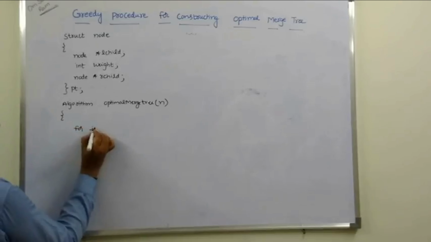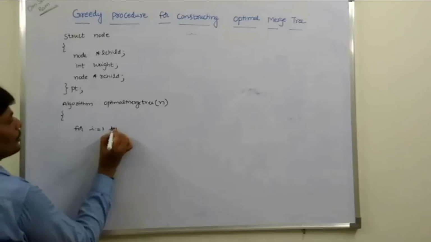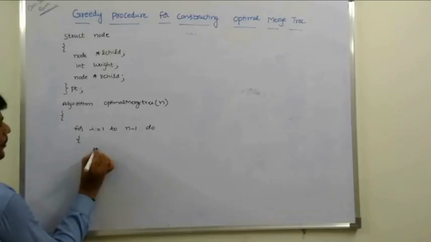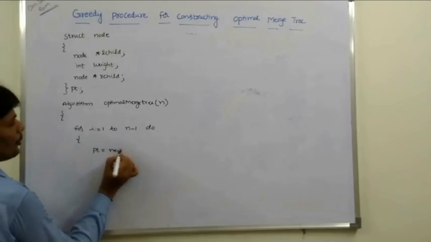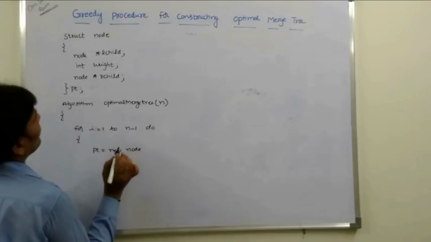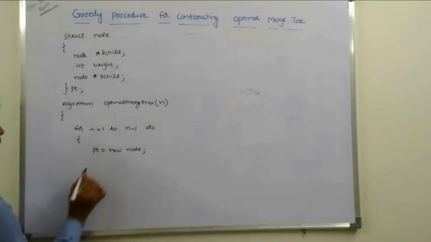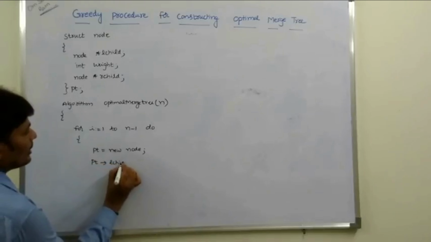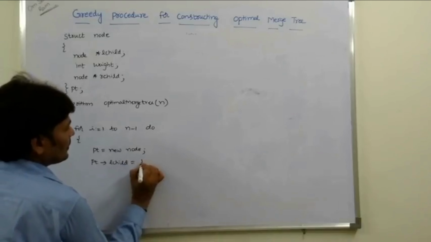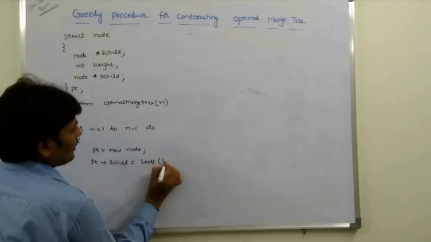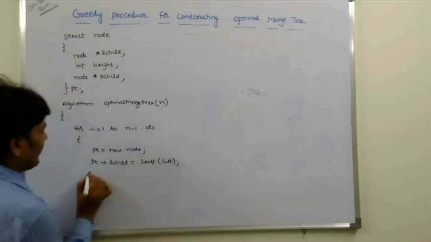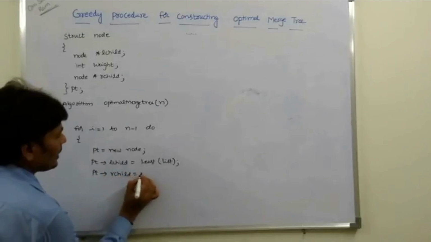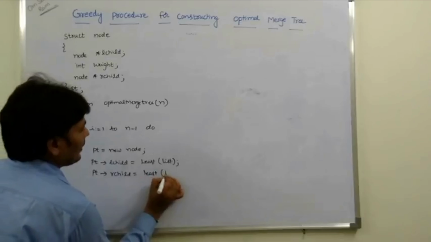For i is equal to 1 to n minus 1 do: pt is equal to new node; pt arrow mark L child is equal to list of list; pt arrow R child is equal to list of list.